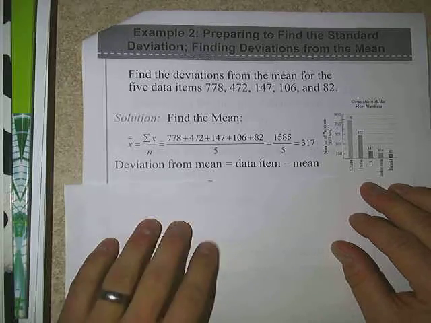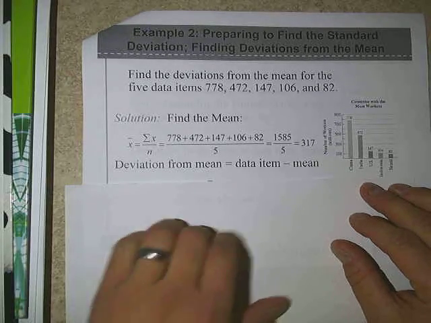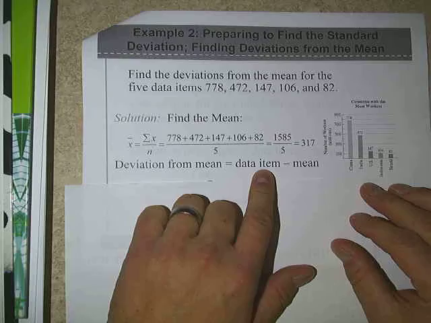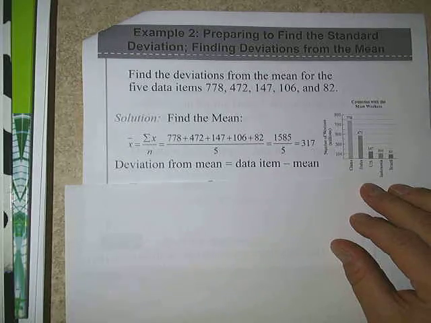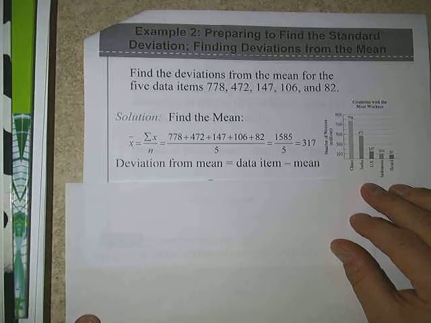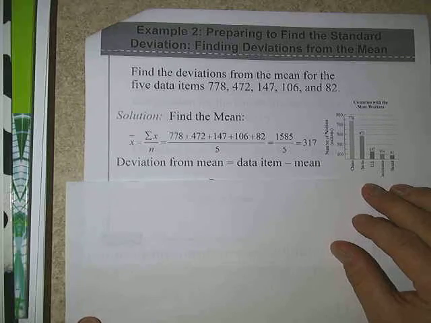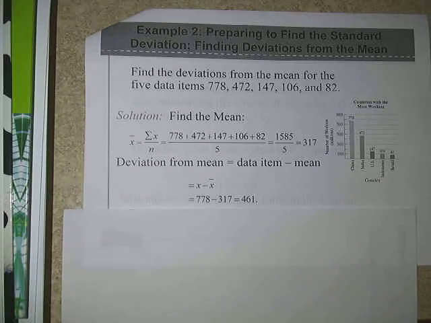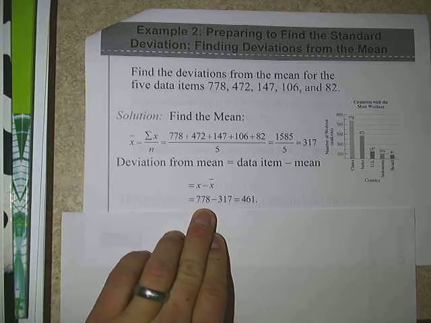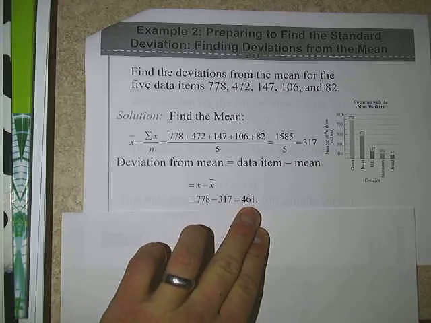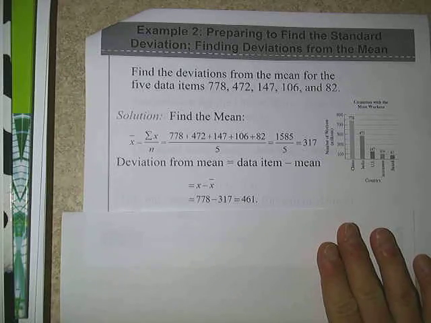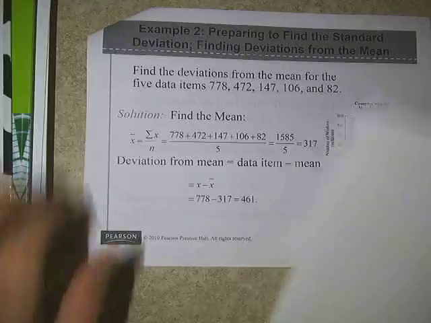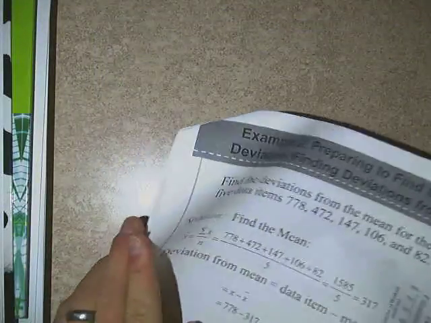Okay. Now, each one of these data items is going to have a deviation from the mean. Okay, and that deviation is going to be the data item minus the mean. So in other words, how far apart are the actual points from the mean? So with that said, if we take the first data point, we do 778 minus the mean, we get 461. So its deviation from the mean is 461. Okay.